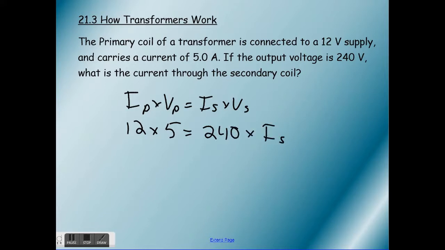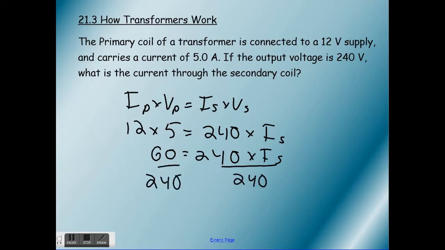So 12 times 5 is 60, and then I divide by 240. This formula is for finding current or voltage. So that would be 1/4 equals the current in the secondary coil.